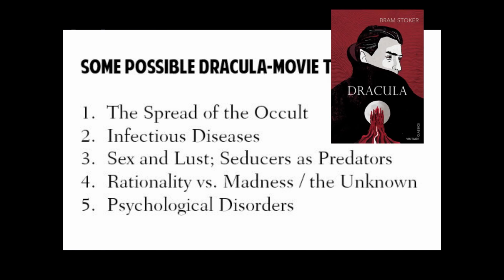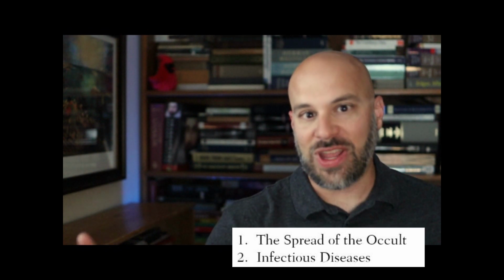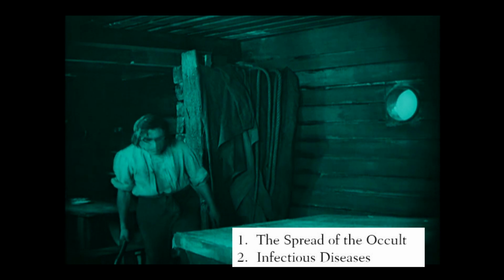There are a number of ways that critics have interpreted Bram Stoker's novel: the fear of modernization, for example, the fear of infectious disease, the dread of the occult. And some of these are in this Nosferatu, which really, I think, foregrounds a couple of things. One is the occult, and two is infectious disease transmission.